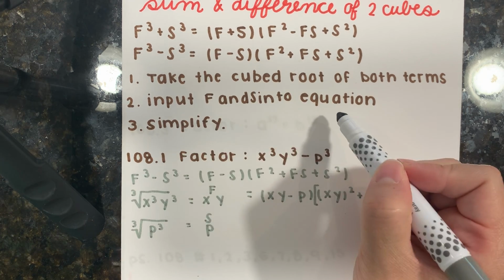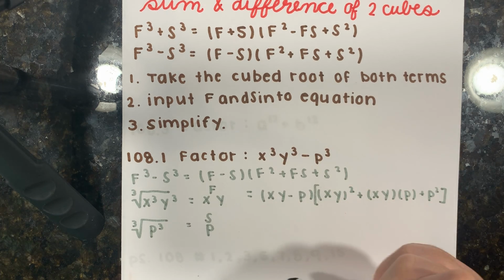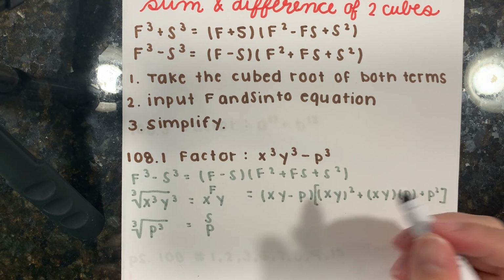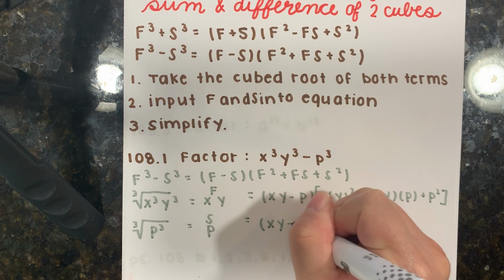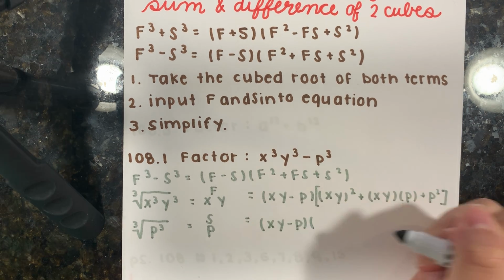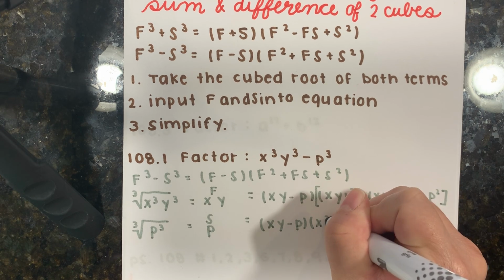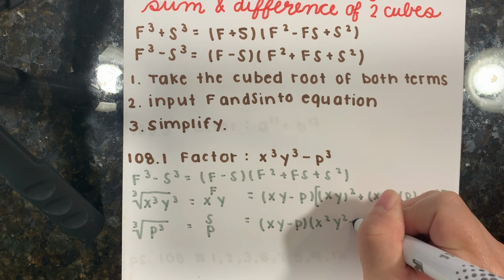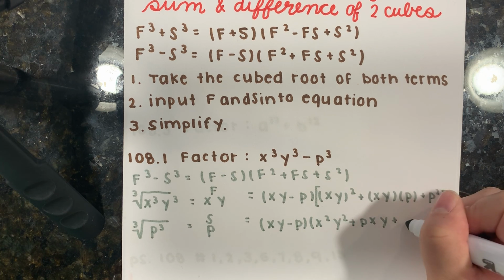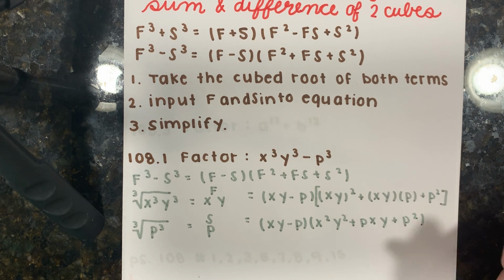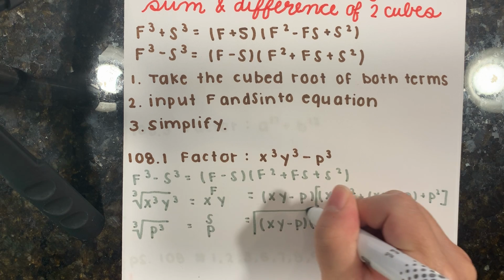So that's step 2: input your f and your s into the equation, and then you simplify it. Your answer should be xy minus p times, I'm going to square that, x squared y squared plus pxy plus p squared. And that is going to be your answer.